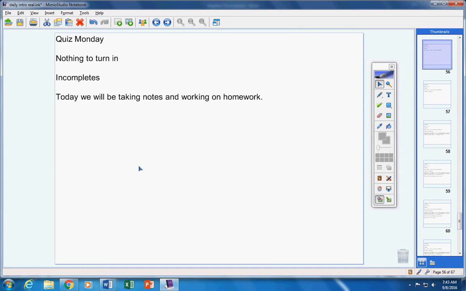Today, we're going to take notes and work on homework like we usually do. We're going to be starting Chapter 2, okay? Now, Chapter 2 is primarily graphing. So listen carefully. We're going to start off, of course, by looking at slope, the slope of a line. That's pretty simple. We're going to learn 3 ways in Chapter 2 to graph linear equations: the double intercept method, the slope-intercept method, and the table of values method.